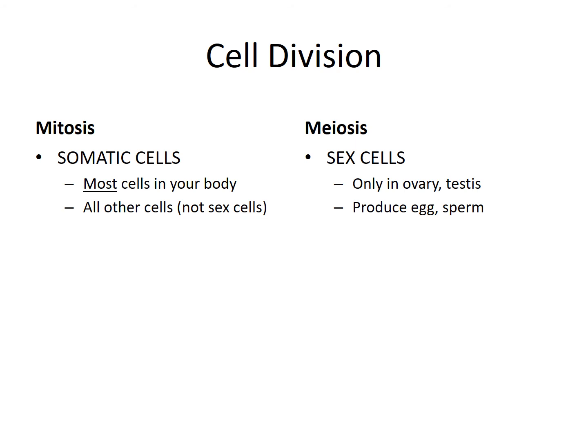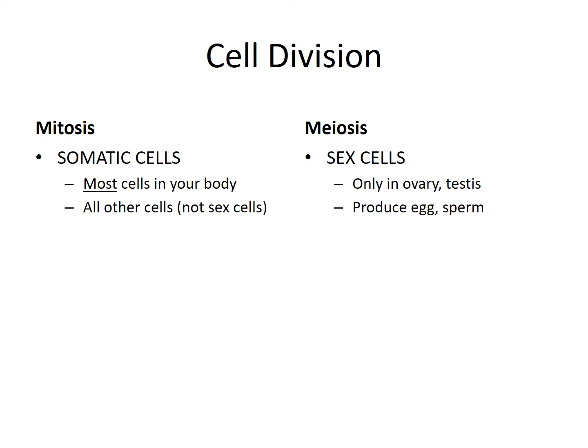That contrasts the other type of cell division, which is useful for only one thing, making an offspring. So meiosis is the type of cell division that produces eggs or sperm. This happens in sex cells, which are the cells in the ovary or the testes that produce the egg or the sperm. So that's a very different end game in which you're going to try to halve your genetic information so you can pair it up with a mate and produce an offspring that has the correct number of chromosomes.